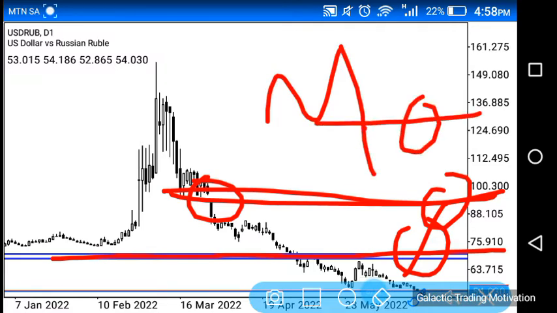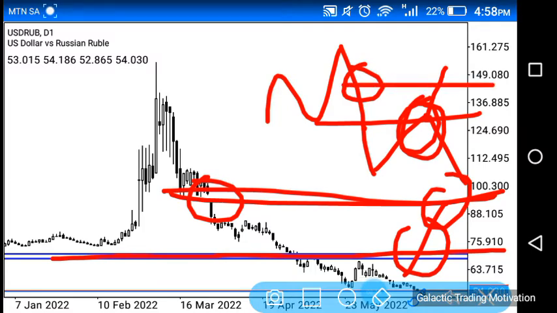So in the future, we would love to see price go back to the neckline to retest it and possibly push further down, and we would look for further selling opportunities at this point. However, should the market close above the neckline, we would then be looking at price potentially going to that gap that I've just spoken about.